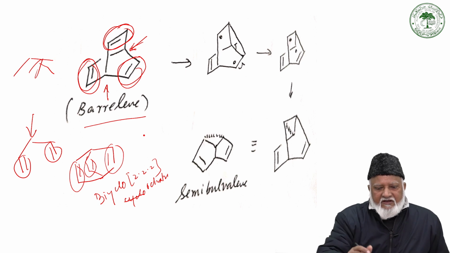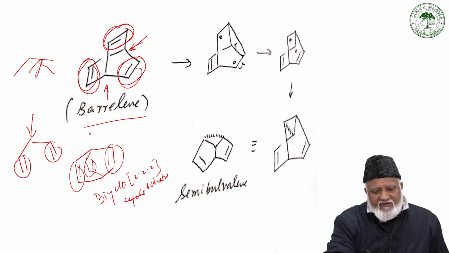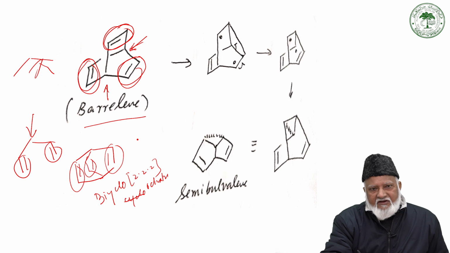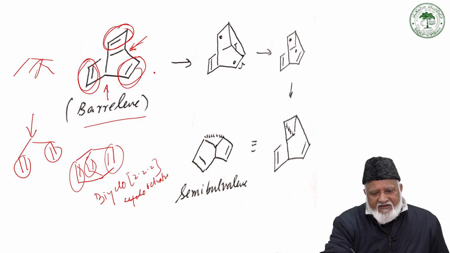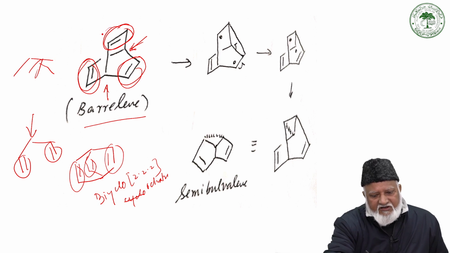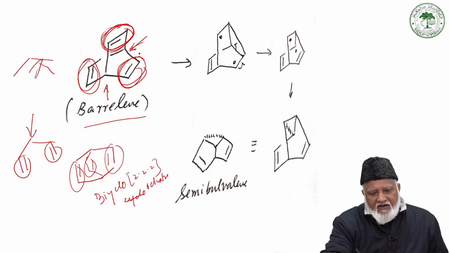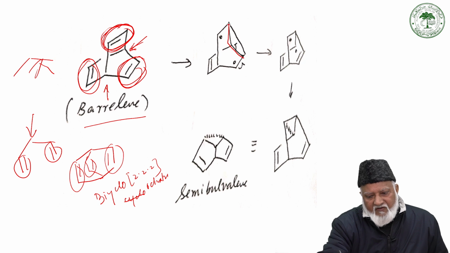And we can see this is already a bicyclic system, and let us see what happens at the end of the product. So the first step is the excitation of one of the double bonds, and then the formation of a cyclopropane ring with a diradical species, considering these two double bonds.